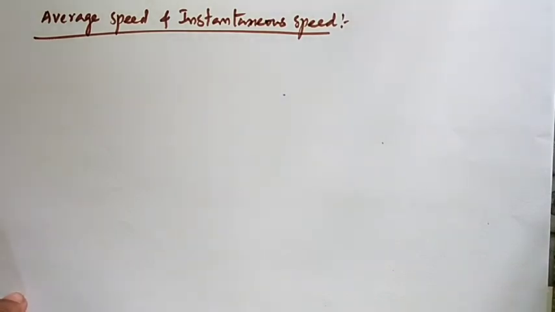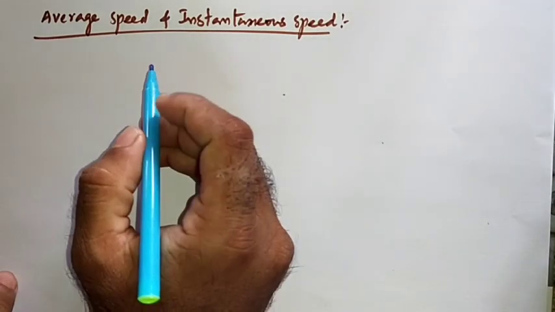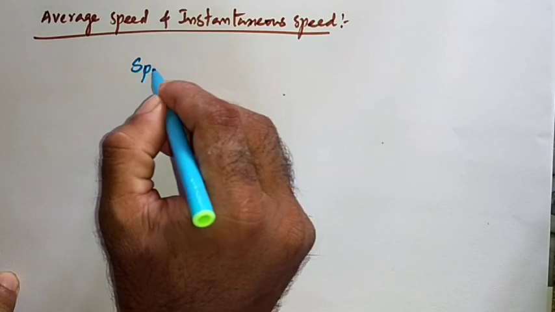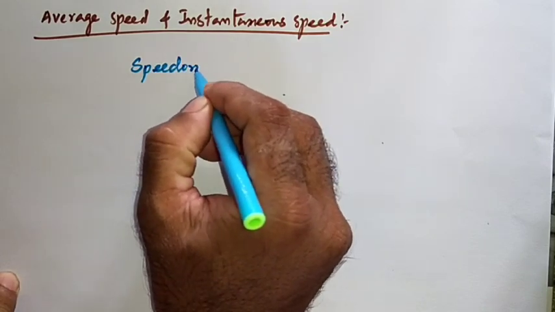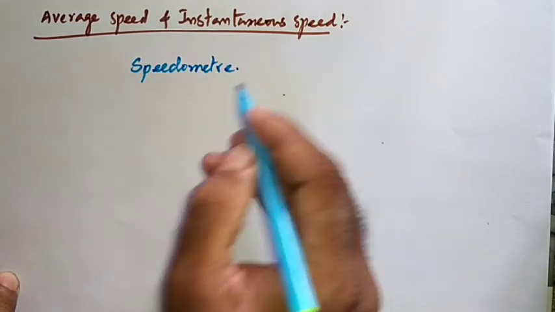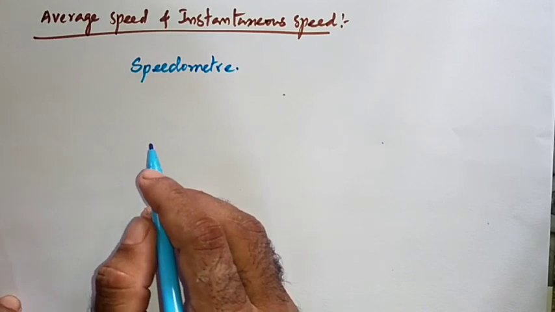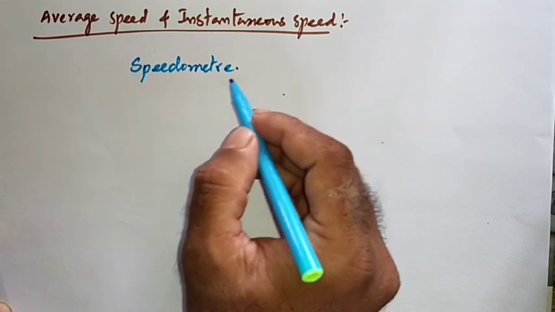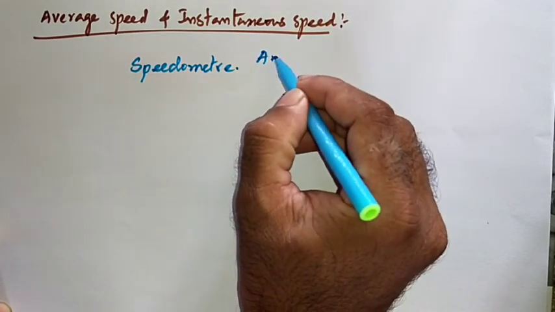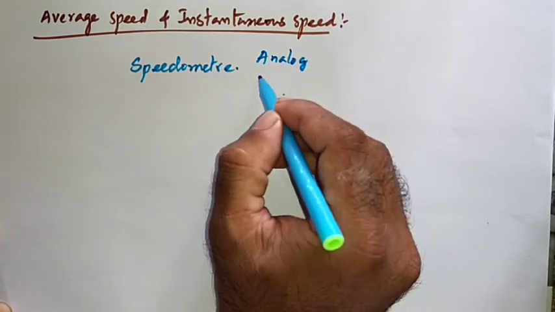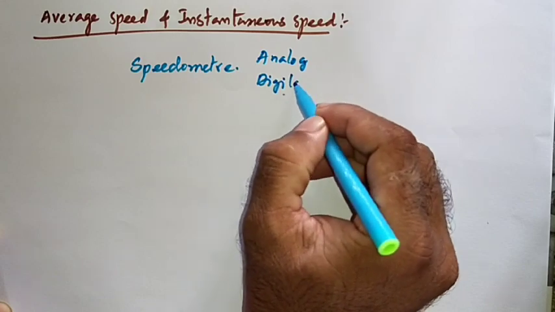You might have seen a speedometer on your vehicle. Have you seen a speedometer on bikes, cars, buses, any vehicles? There are two types, one is analog and the other is digital.